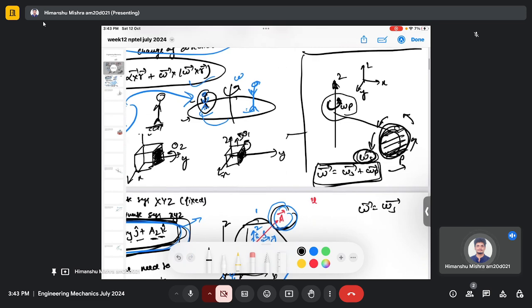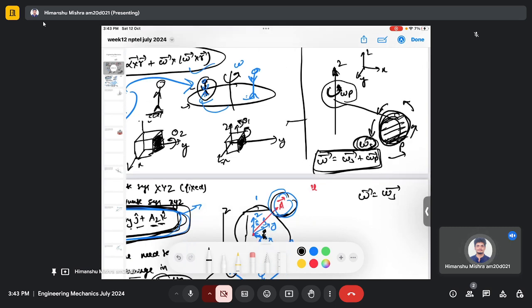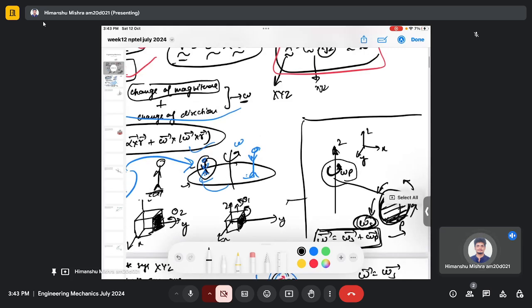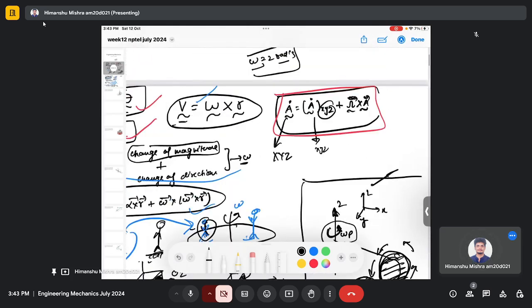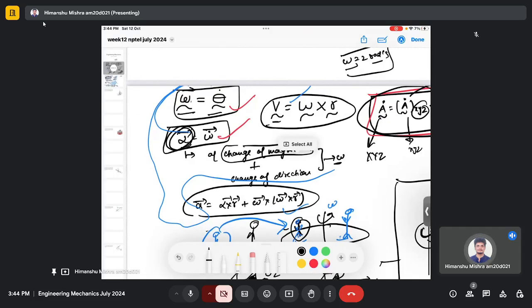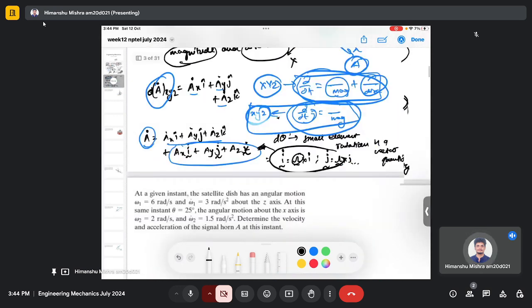And if you take the time derivative of this, you will get the angular acceleration. So these are the concepts: this concept, this concept and some basic formulas for linear and angular velocity and acceleration. We are going to use these here.